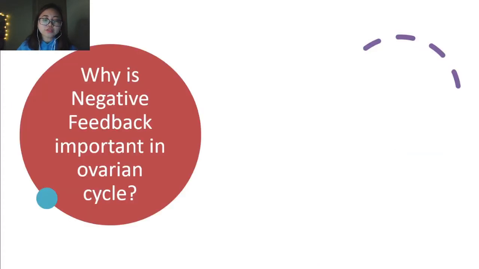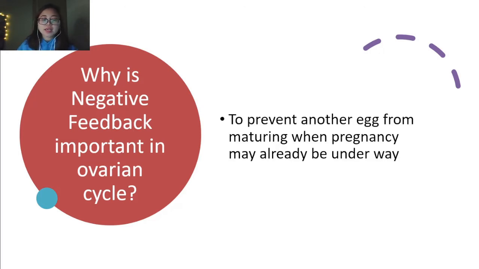Why is this negative feedback with the estrogen, progesterone, FSH, and LH so important in the ovarian cycle? The reason is that it is to prevent another egg from maturing when pregnancy may already be underway. Because this is just ovulation, our body wants to wait to see whether the secondary oocyte that was released will be fertilized or not. So, while the secondary oocyte is in the uterus, we do not want another follicle to mature and disrupt things.